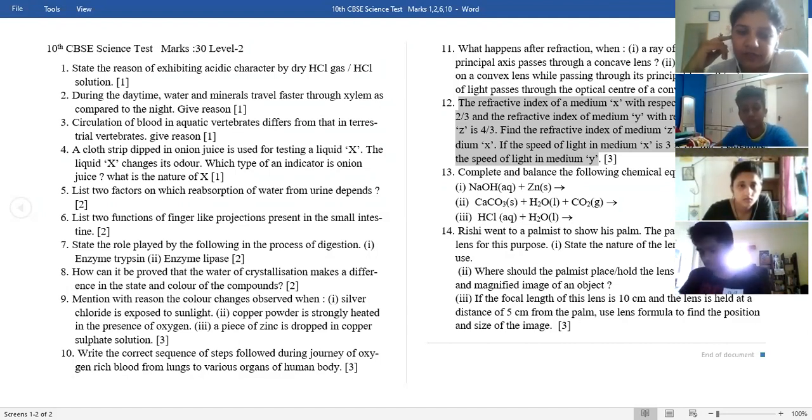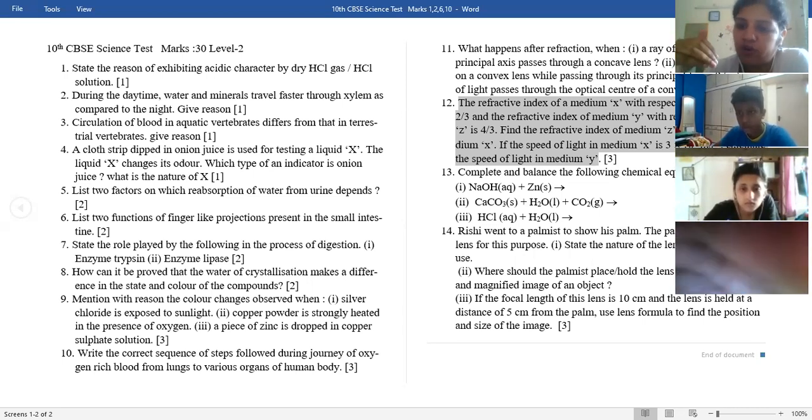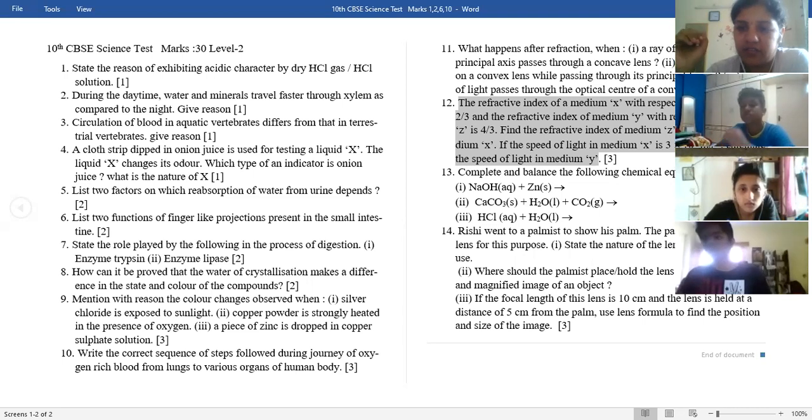Write the correct sequence of steps followed during the journey of oxygen-rich blood from lungs to various organs of the human body. So from the lungs, oxygen is added to the blood, so blood becomes oxygenated blood. It enters the left atrium, right? When the left atrium relaxes, the blood from the lungs with the help of the pulmonary vein is poured into the left atrium.